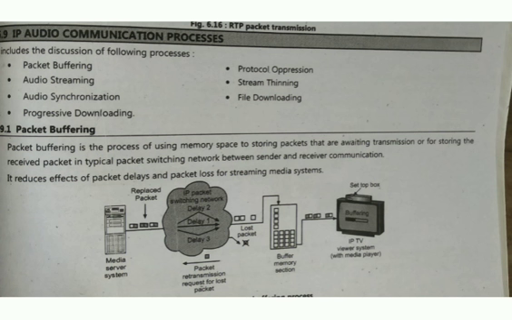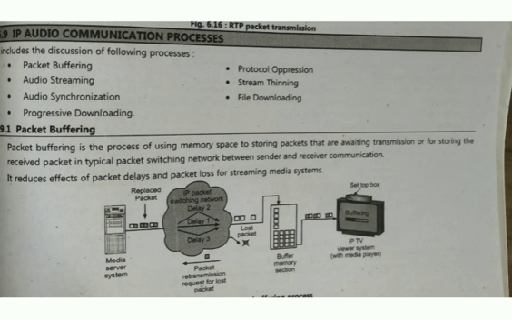Let us discuss the next point, that is IP audio communication processes. It includes different processes: first is packet buffering, then protocol operations, then audio streaming, then stream thinning, audio synchronization, file downloading, and progressive downloading.